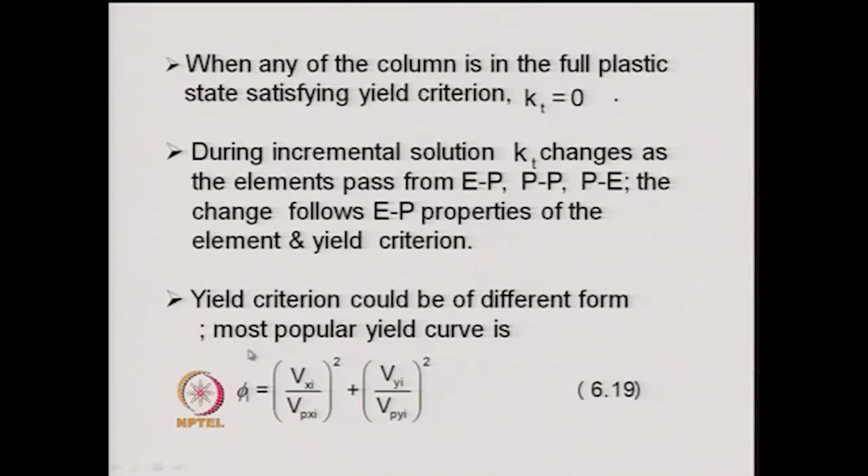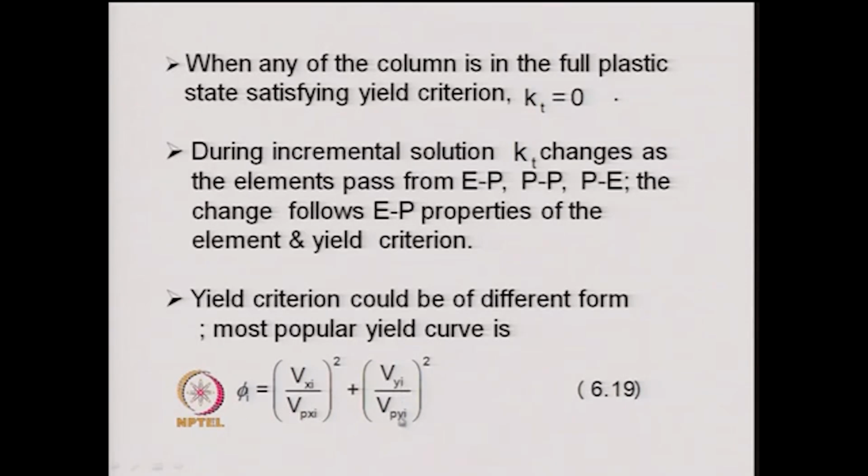of equations. Here we take one of the very popular yield equations, which is given in this form: Vxi divided by Vpxi. Vxi is the shear in the column in the x direction for the ith column, and Vpxi is the plastic yield of the ith column in the x direction, or the yield shear of the column in the x direction.